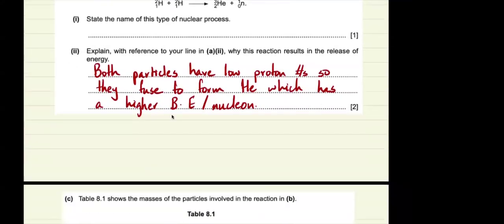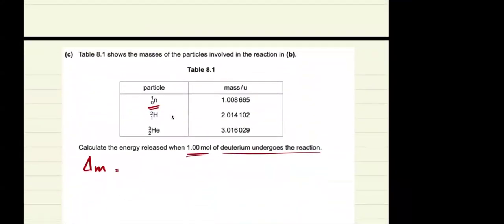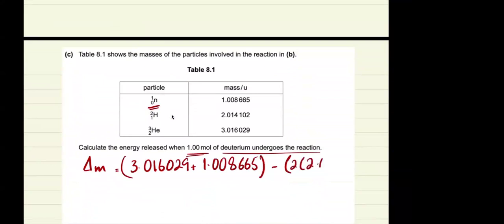So you have helium and the neutron. This is 3.1016029 plus the 1.008665 minus 2 times 2.01402.